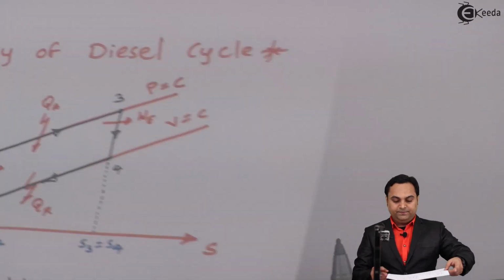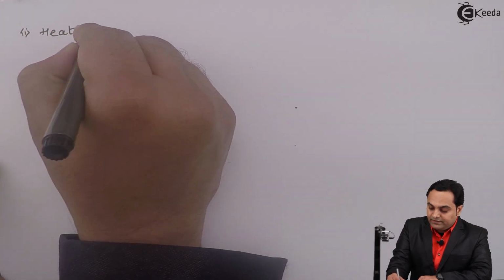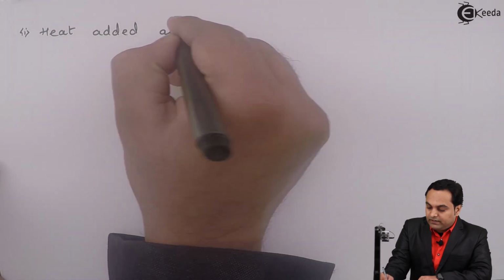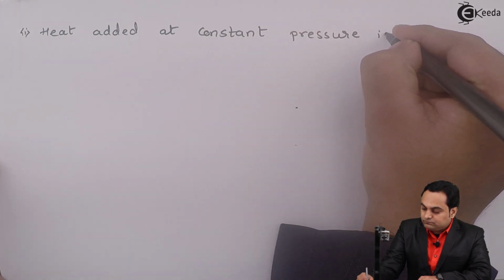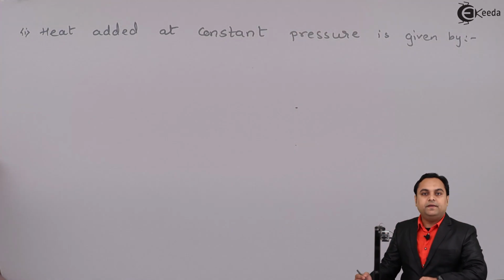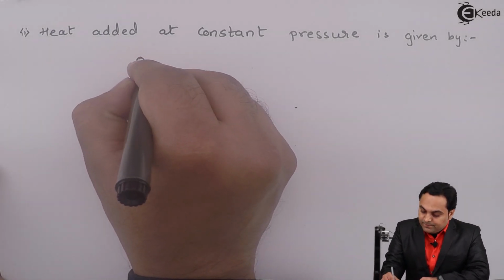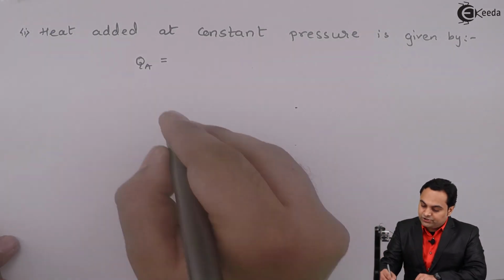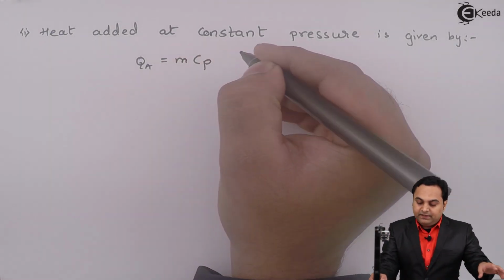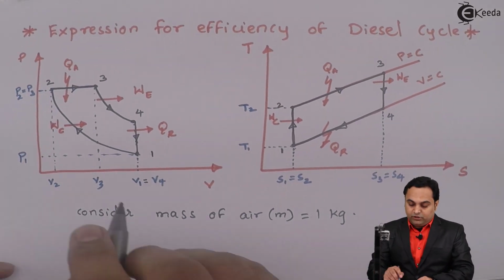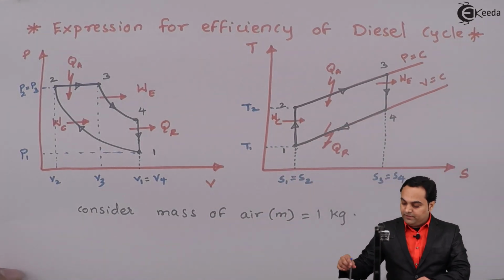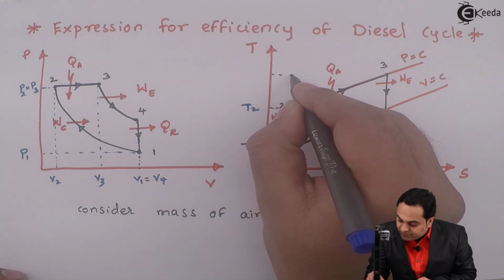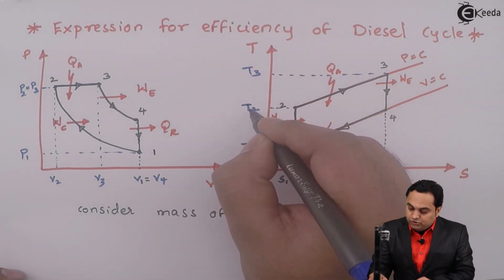Now I'll get the separate equations for heat added and heat rejected. I'll start with heat added. The heat added at constant pressure is given by Q suffix A, and since the heat is added at constant pressure, it will be m Cp, and as we know heat is added from point 2 to point 3, so the temperature difference will be the higher temperature, that is T3, minus the lower temperature T2.